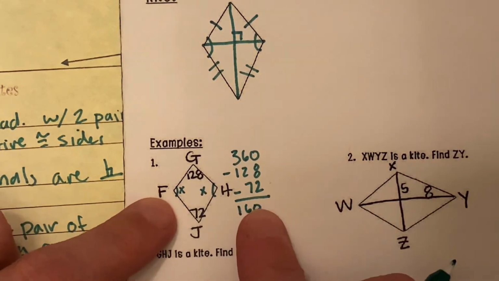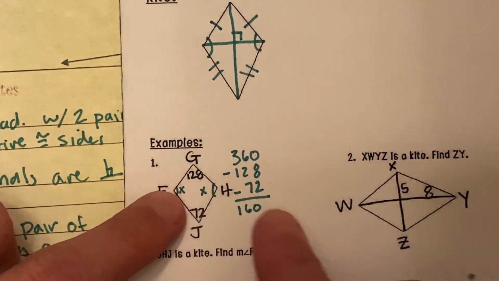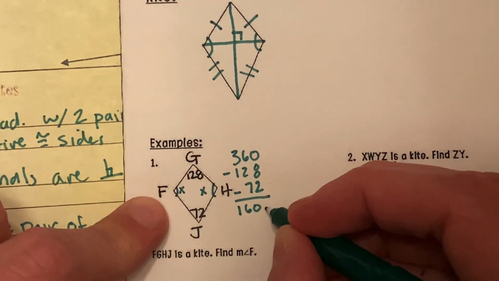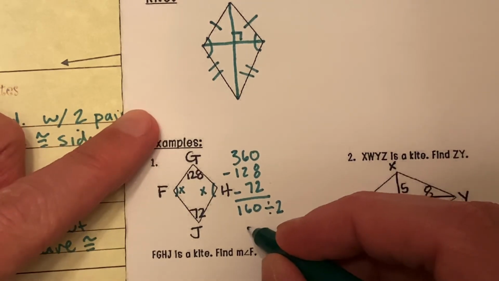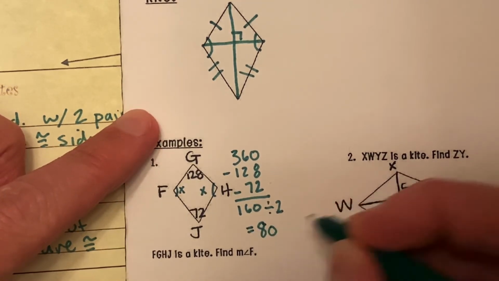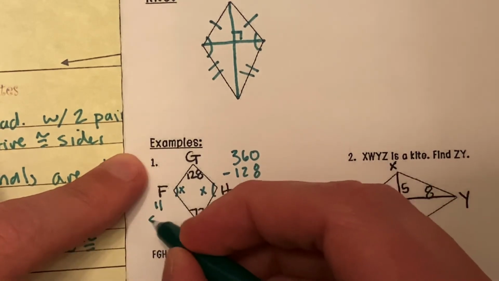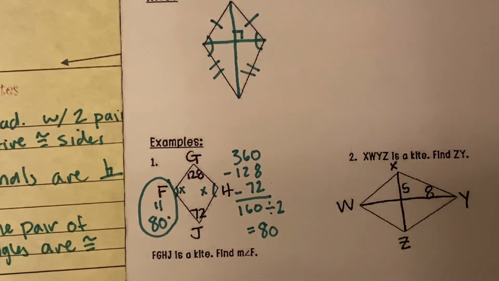And once we have those, we know that the last two angles will have to split 160 in half, right? Because they have to match. They're both x. So 160 divided by 2. What is 160 divided by 2? 80. That means H is 80 degrees and angle F is 80 degrees. And that's the one they want you to solve for.